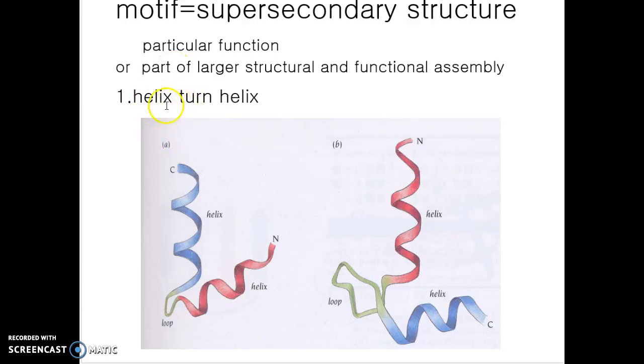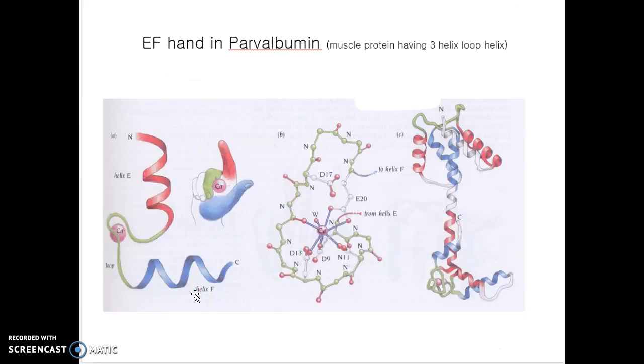First example is helix-turn-helix. Two helices are connected by a loop. The first example was found in parvalbumin, which is a muscle protein.